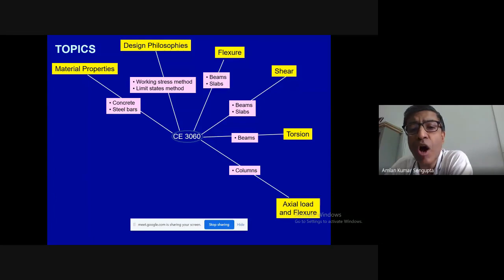Next, we are studying the columns. Now, columns are primarily subjected to axial load and flexure based on their location under gravity loads. Hence, these columns are studied under a combined action of axial load and flexure. We will, of course, be covering shear for columns also.